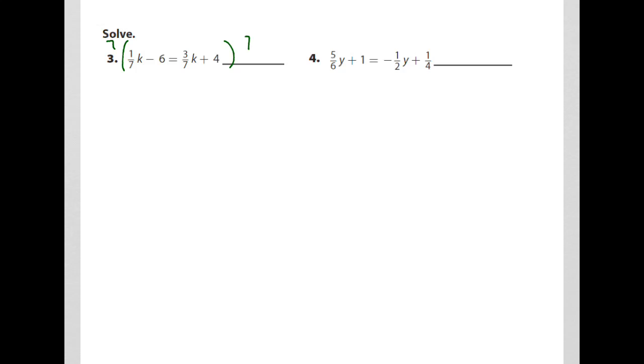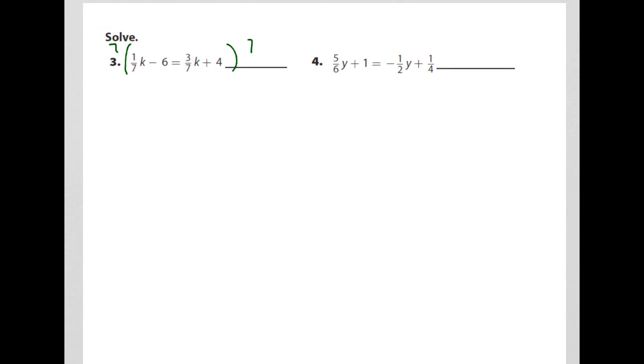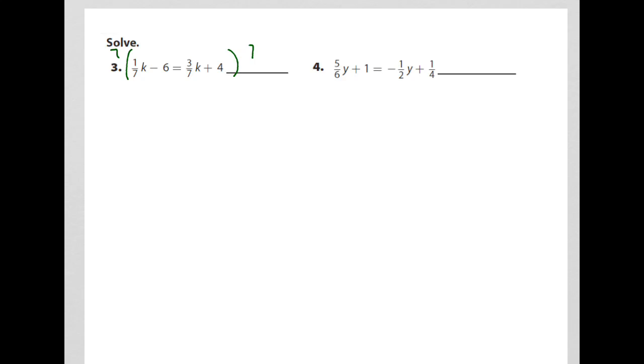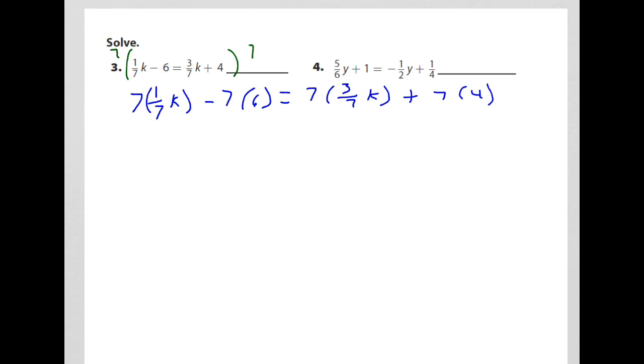That's going to give me 7 times 1/7 k minus 7 times 6 is equal to 7 times 3/7 k plus 7 times 4. 7 is being multiplied by everything.